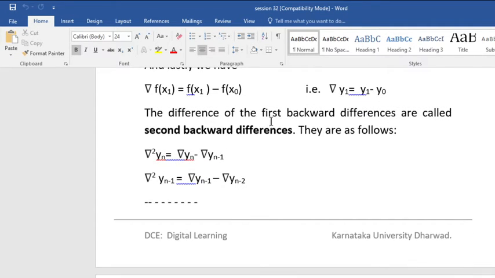The differences of the first backward differences are called second backward differences, and they are as follows. Second backward difference of yn is equal to first backward difference of yn minus first backward difference of yn minus 1. Second backward difference of yn minus 1 is equal to first backward difference of yn minus 1 minus first backward difference of yn minus 2.